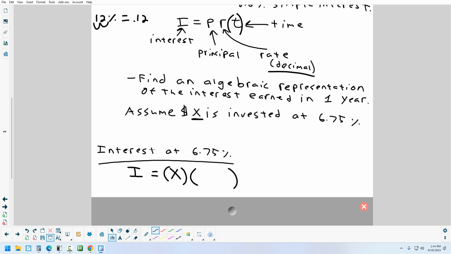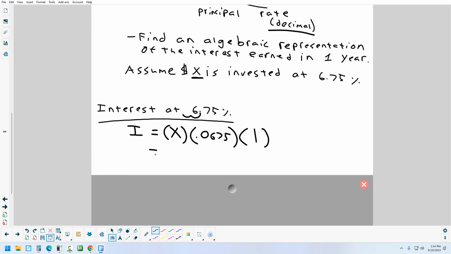So what's our rate going to be? 6.75%. But what is that as a decimal? 0.0675. When you take your decimal, move it 2 places to the left. And what's the time for this investment? Just a year, so we don't even need that.